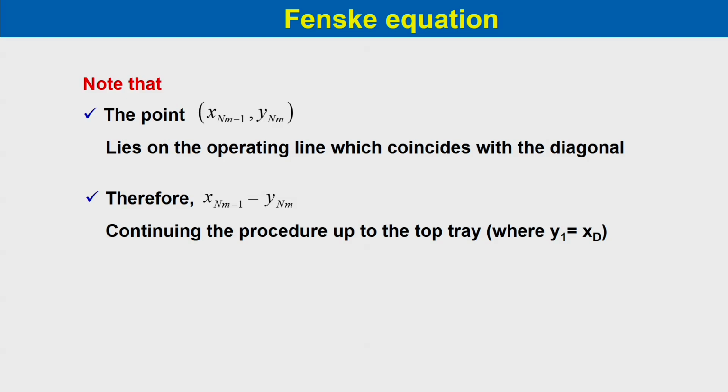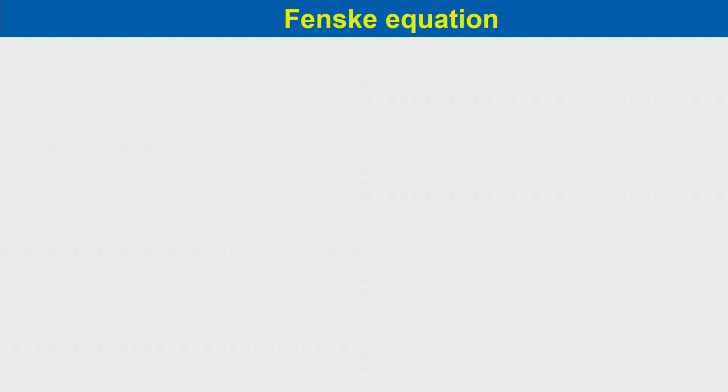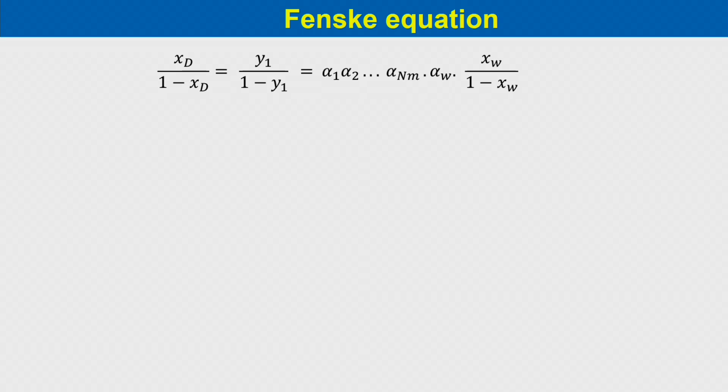Continuing the procedure up to the top tray where y_1 is equal to x_d, we can write x_d by 1 minus x_d is equal to y_1 divided by 1 minus y_1, and this would be equal to alpha_1 into alpha_2 and so on up to alpha_nm into alpha_w into x_w by 1 minus x_w.